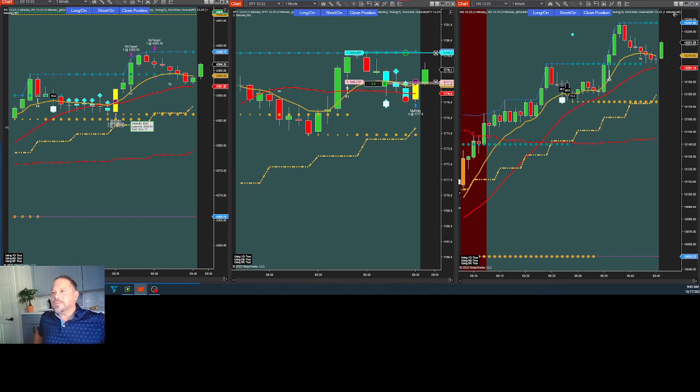Let's go. So it already took the trade to even plus 1. So it's a risk-free trade at this point. You know, it could snap back down and take me out, but there's some good risk aversion built into the system, which I like.